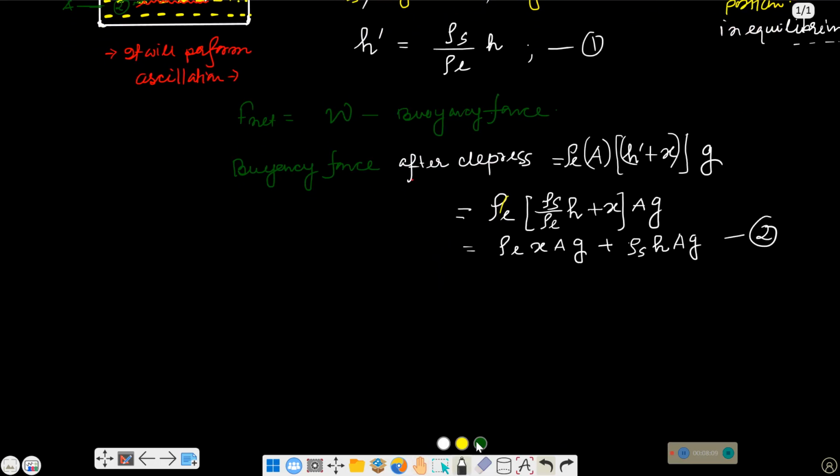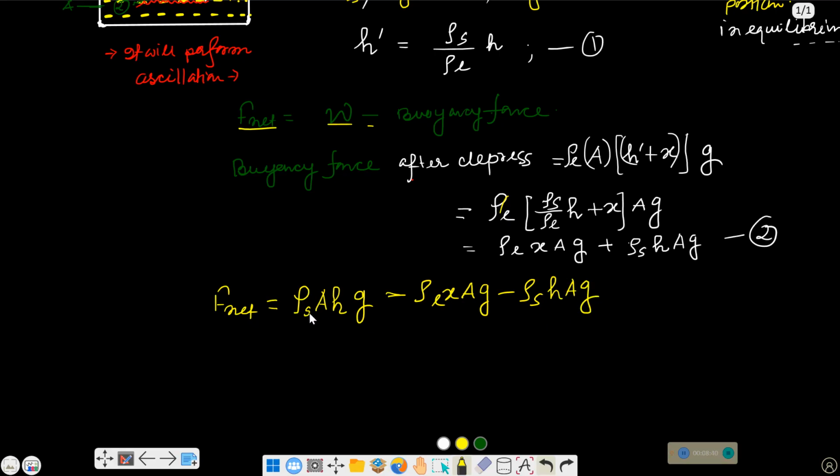If we put this for the net force in this equation, we will get F net as W. What is the weight of this cylinder? Weight of the cylinder is density of the cylinder, volume of the cylinder is A into H, total height of the cylinder, into G, minus the buoyancy force, which is rho L X A G plus rho S H A G. Right, now this and this term will get cancelled.